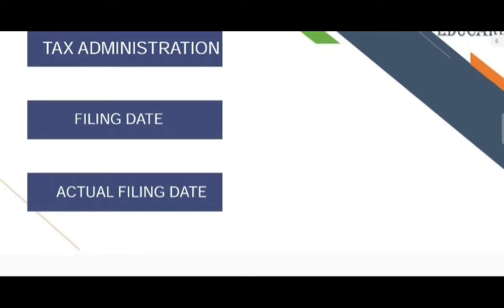Now, what is meant by the filing date and what is meant by the actual filing date? The filing date is 31st January following the end of the tax year. So for the year 21-22, the tax year ending date would be 5th April 22 and the filing date would be 31st January 23.